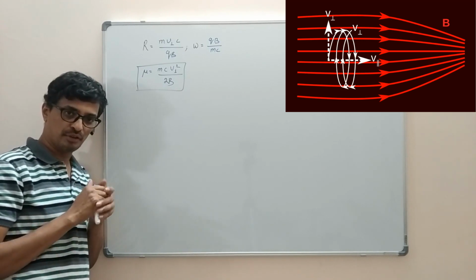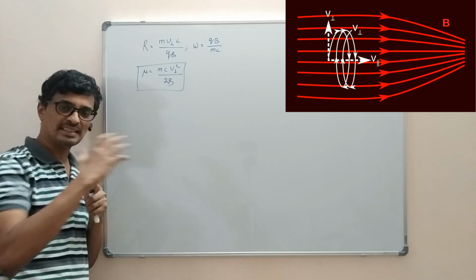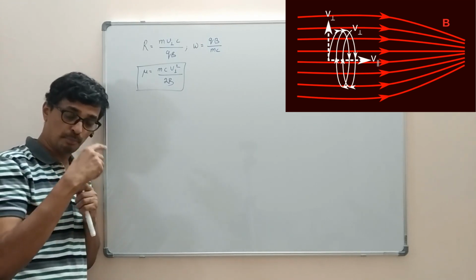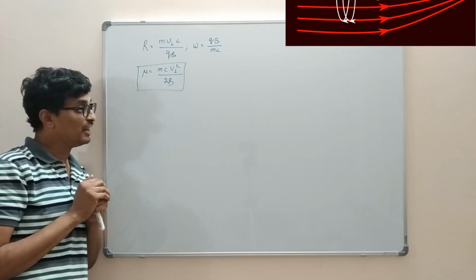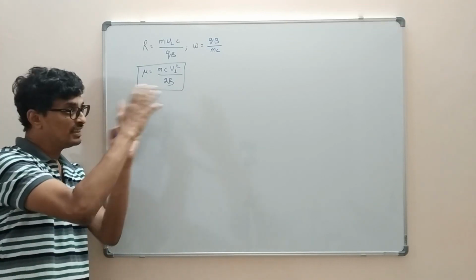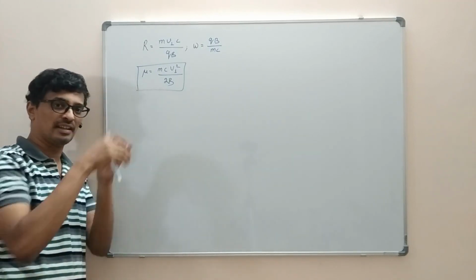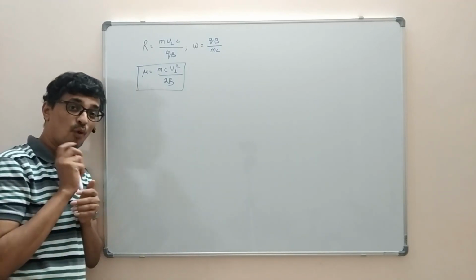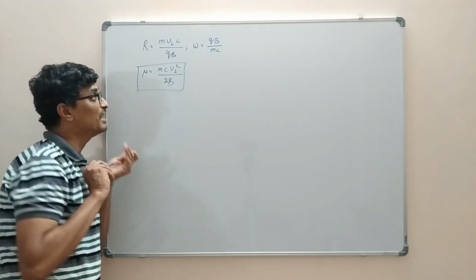So what is important here is that in a slowly varying environment, this action integral over a periodic coordinate is going to be invariant. And if you actually see in this process, when you consider the charged particle in the magnetic field, that invariant quantity is going to be this magnetic moment.